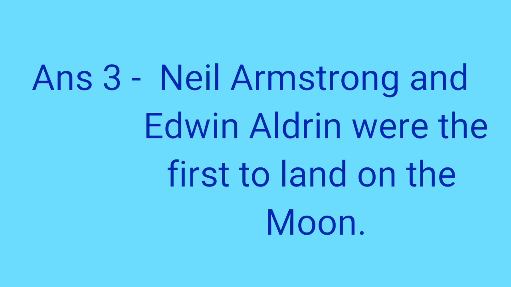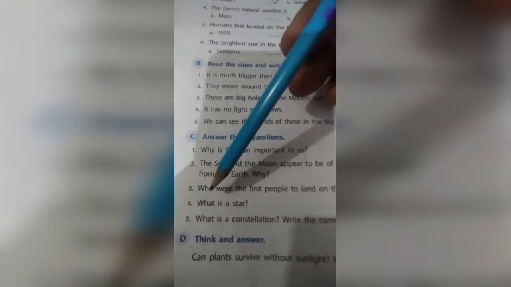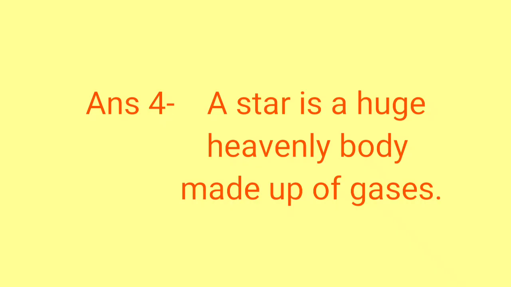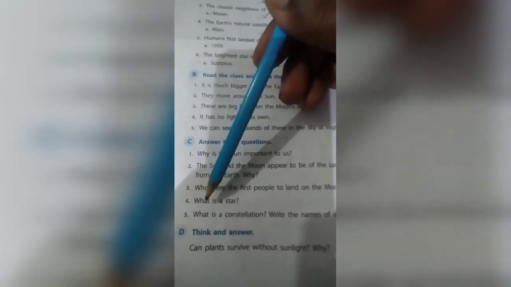And the answer is. Next question, number 4. What is a star? And the answer is. Now the last question, number 5. What is a constellation? Write the names of any two constellations. Let's see the answer.